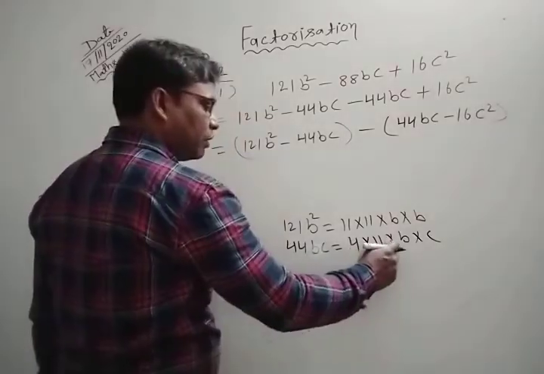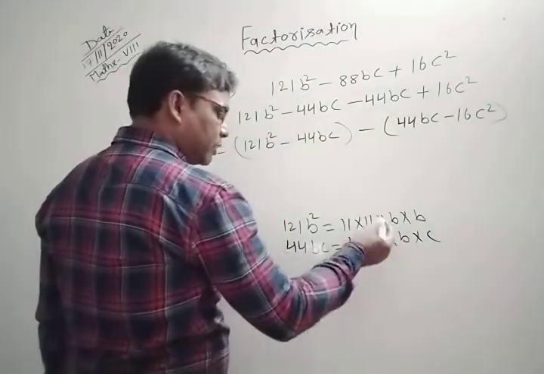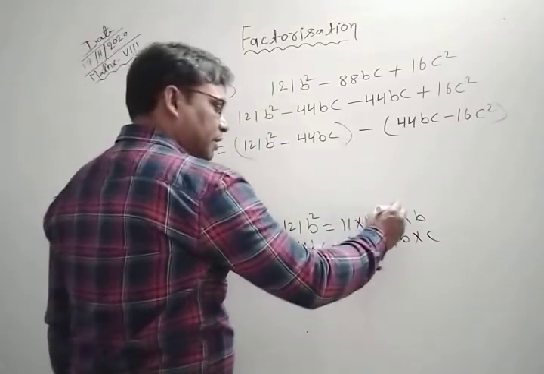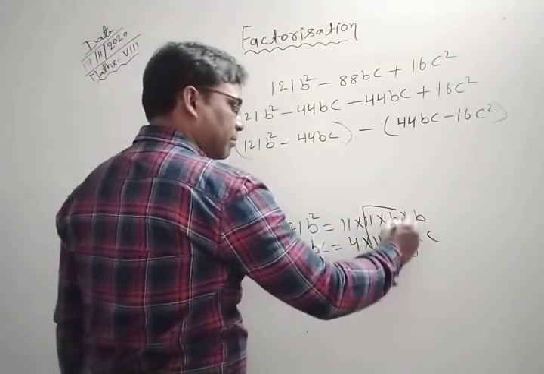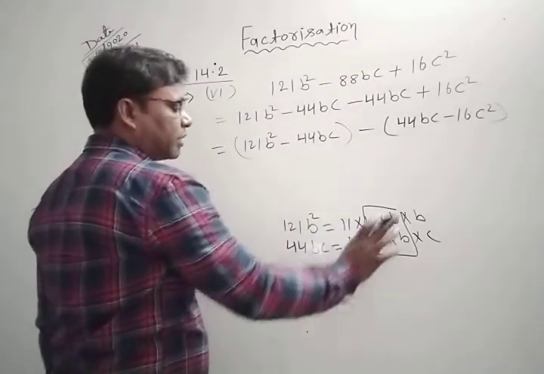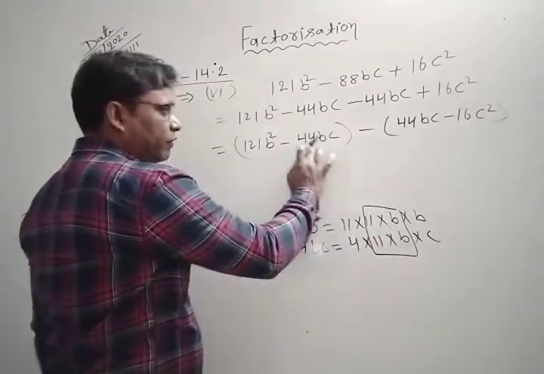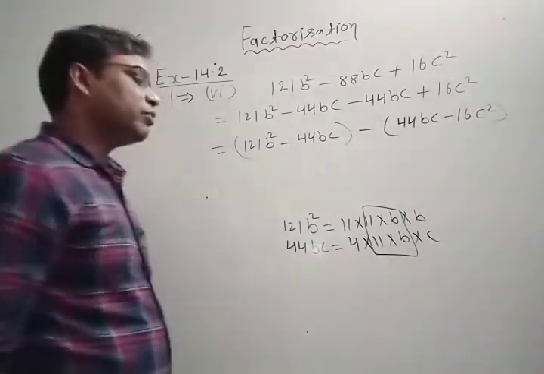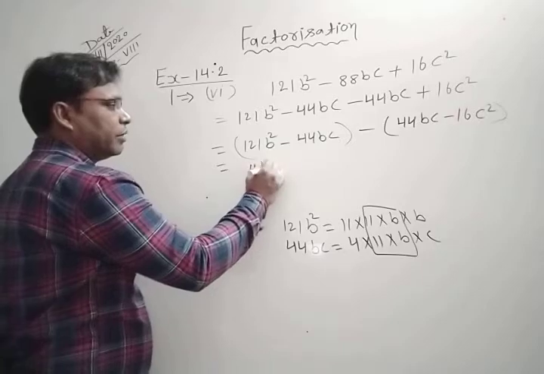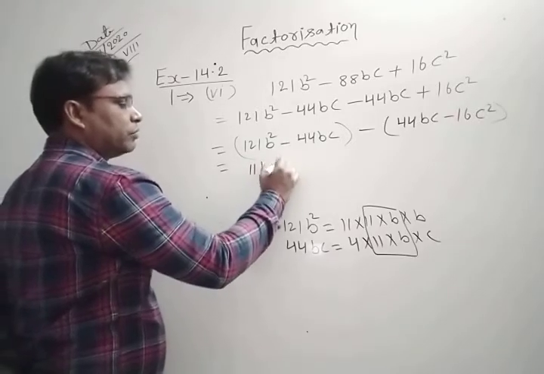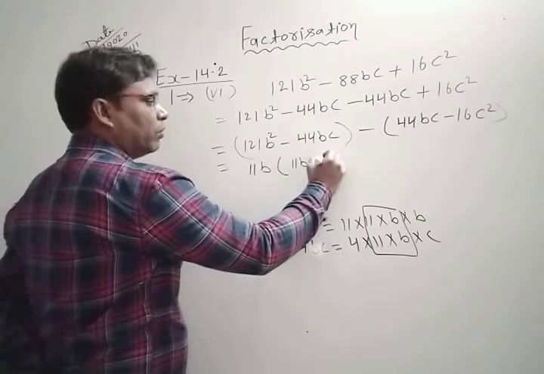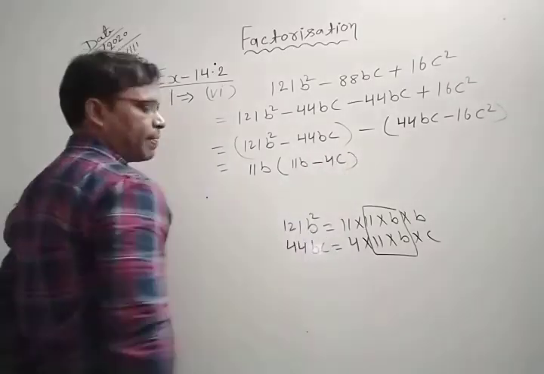So what is common between them? You can see 11b is common. If you take 11b common, here we have 11b again, and in 44bc we have 4c. So taking 11b common in both terms, we have 11b minus 4c.